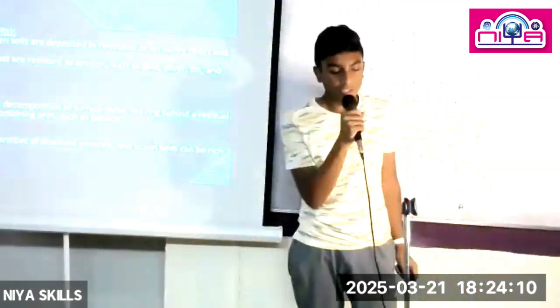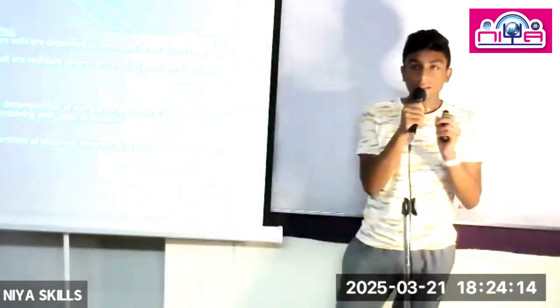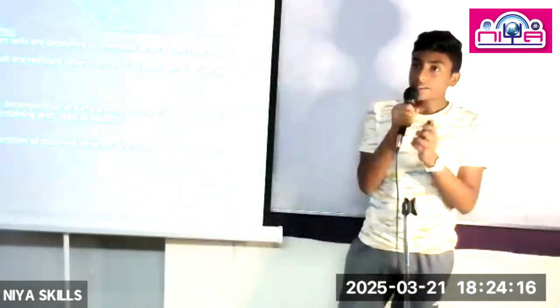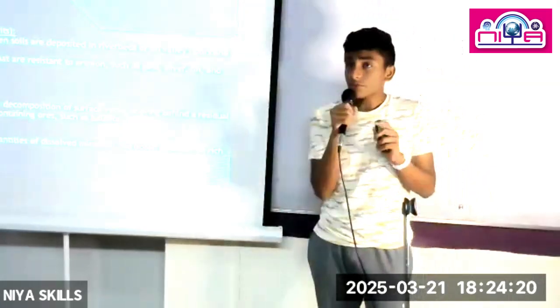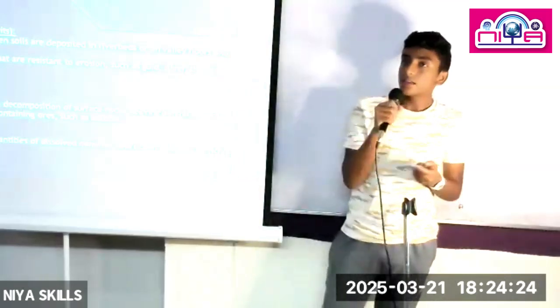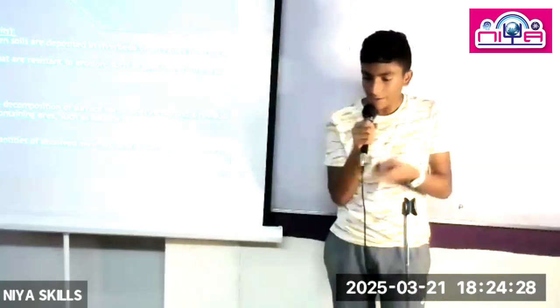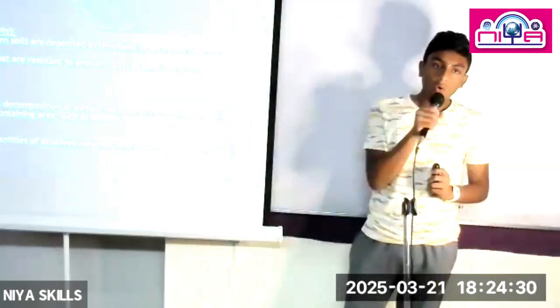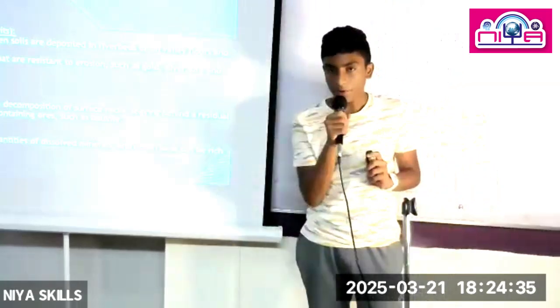Next, alluvial deposit. Alluvial deposit is formed when the rivers bring soil to the riverbed. These minerals often resist soil erosion. Some minerals found in alluvial deposits are gold, silver, and tin.